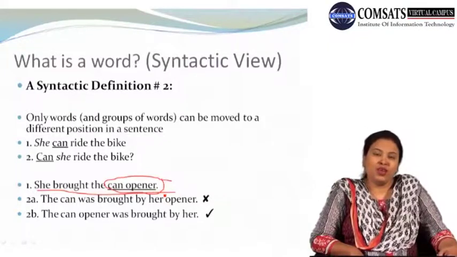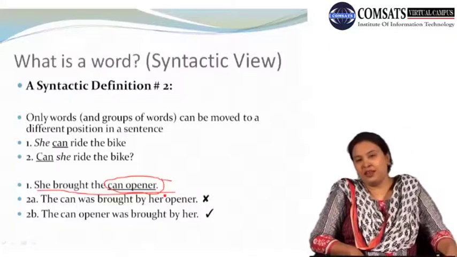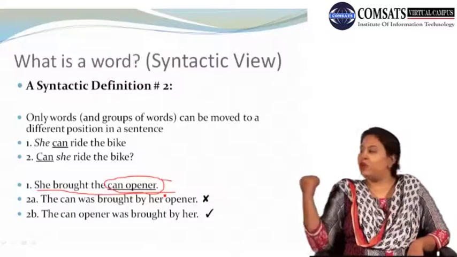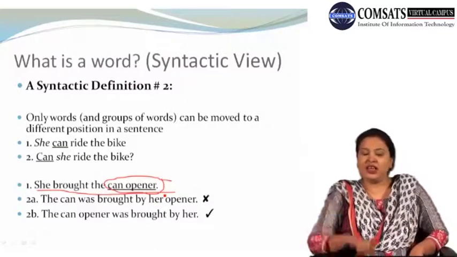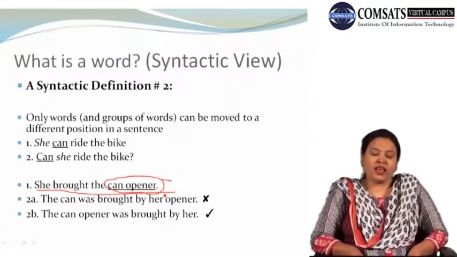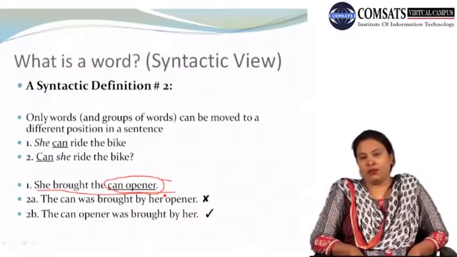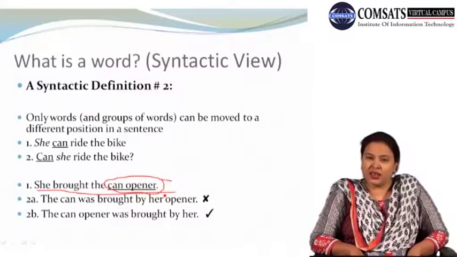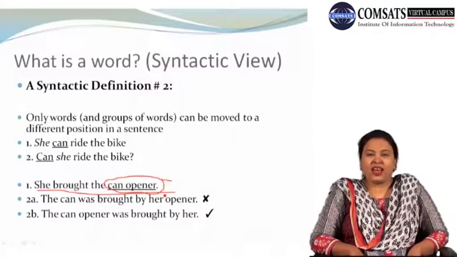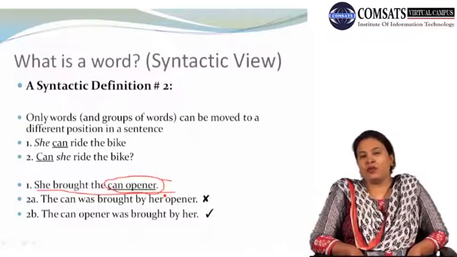If I move the words can and opener separately, then look at the two sentences below. Number one, the can was brought by her opener. Definitely a wrong one, because confusion is there, since I know that can and opener here stand for a single thing.